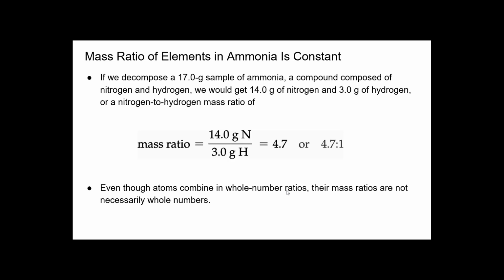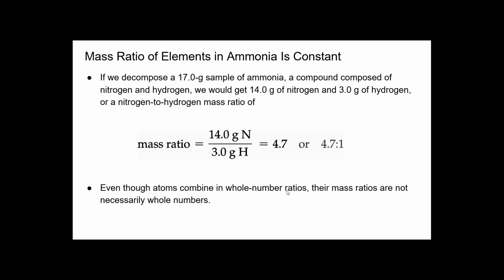Again, nitrogen is more, so it's going to go on the top. Hydrogen is at the bottom. Even though there are more hydrogen atoms, by mass, nitrogen has a larger value. So when we plug this in, we get a ratio of 4.7 in relation to nitrogen. So a ratio of 4.7 to 1. So nitrogen is 4.7, hydrogen is 1.